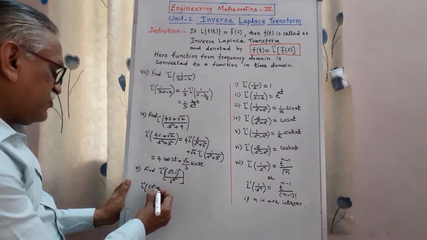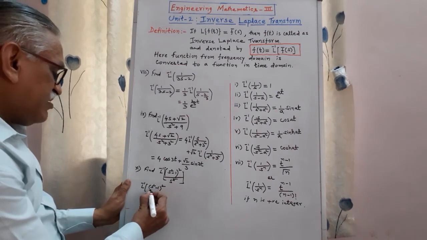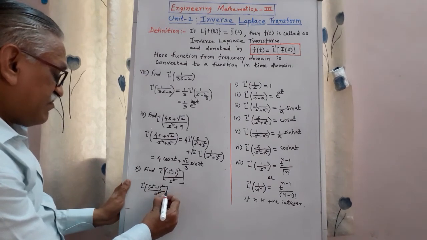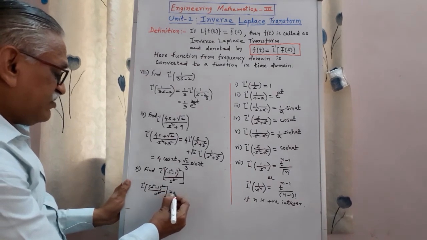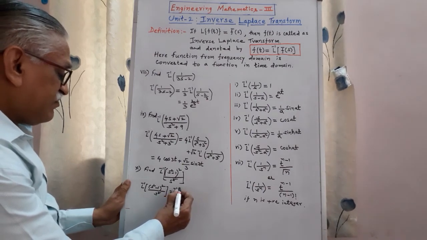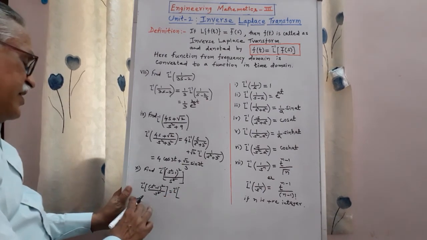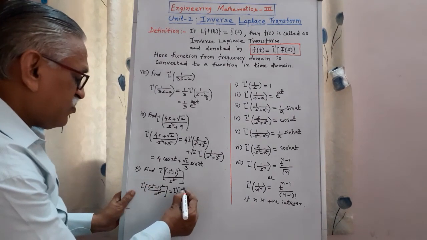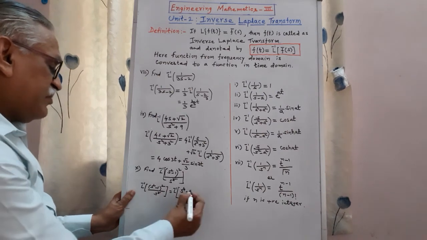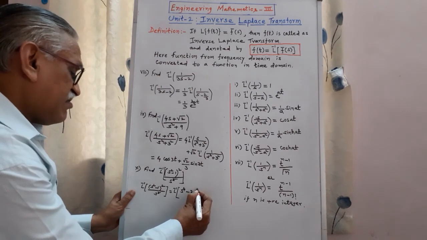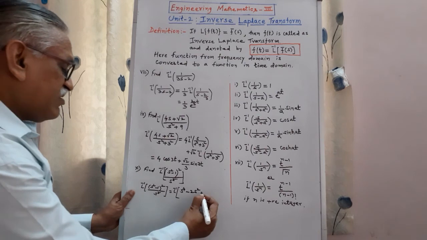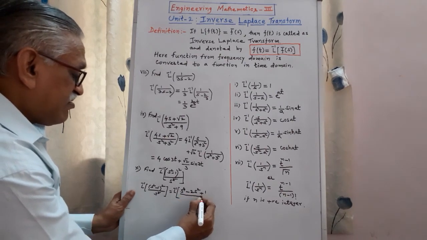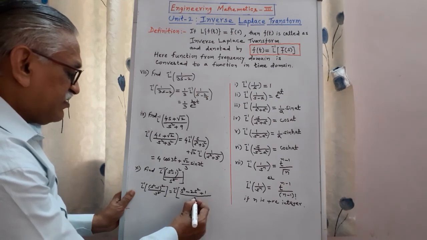s square minus 1 whole square divided by s raised to 5, and therefore it is inverse Laplace of, expanding a minus b whole square, a square means s raised to 4, minus twice ab, and plus b square, 1 square, and divided by s raised to 5.